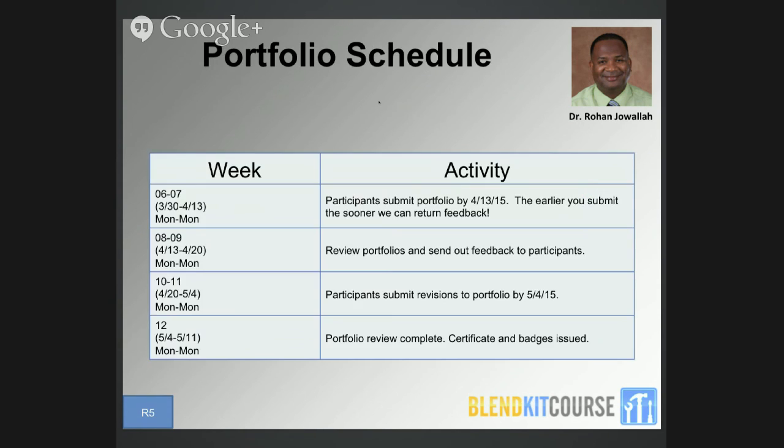I want to point out a few things regarding the portfolio schedule. Here is our plan for reviewing portfolios. Submit your initial portfolio by April 13th, 2015. Sue and I and the team will review your material and return it to you by April 20th, 2015. You'll have an opportunity to make changes and resubmit your portfolio no later than May 5th, 2015.